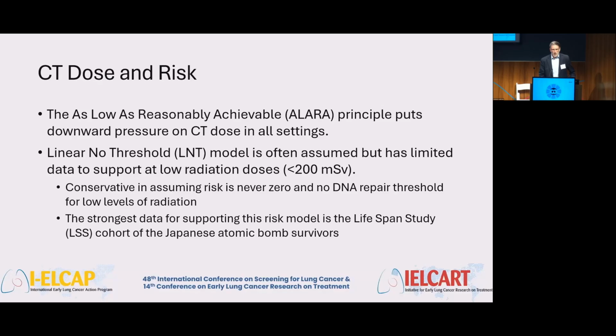The linear no threshold model, which we just heard about in a lot of detail, I just want to restate that this has limited data to support low radiation doses, less than 200 millisieverts. And it's a very conservative model to assume that there's this linear relationship that goes all the way down to low doses. The strongest data for supporting this is the risk model from the Life Span Study, which was based on Japanese atomic bomb survivors.